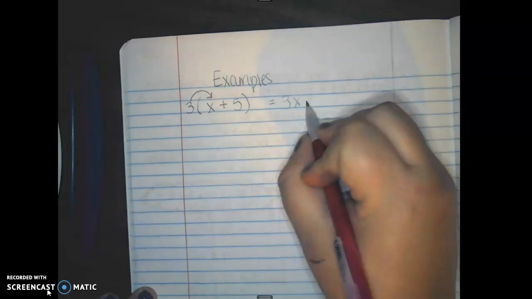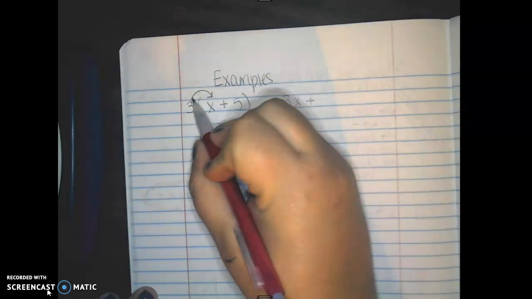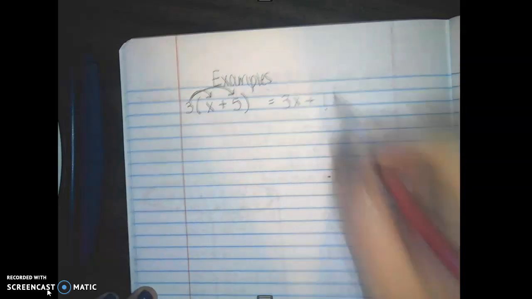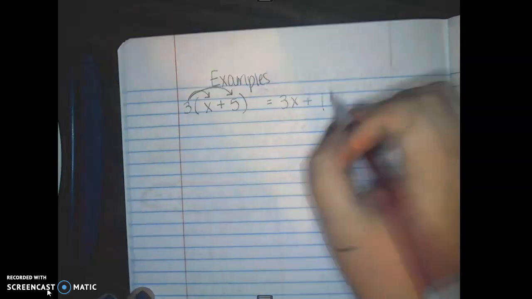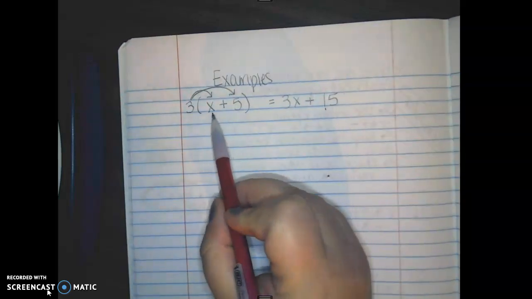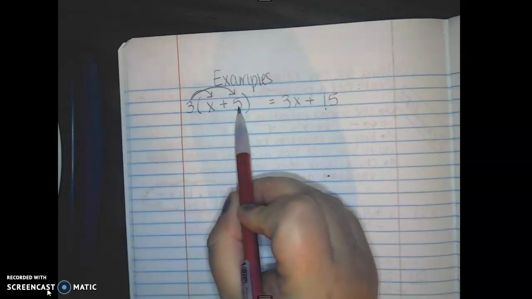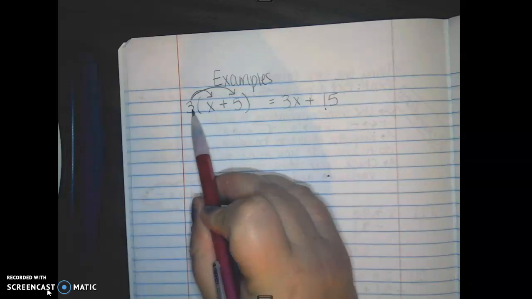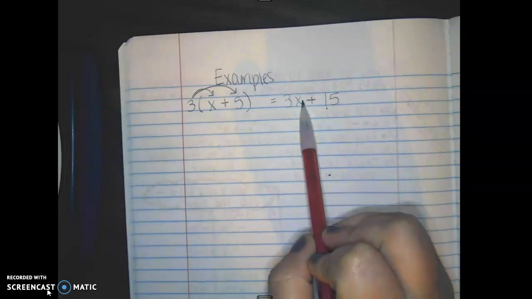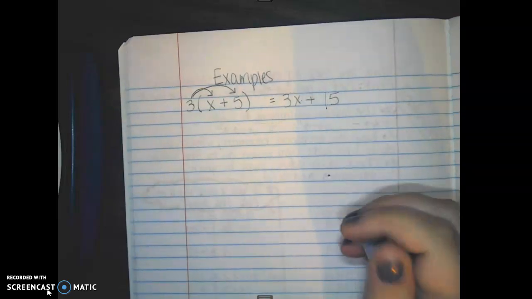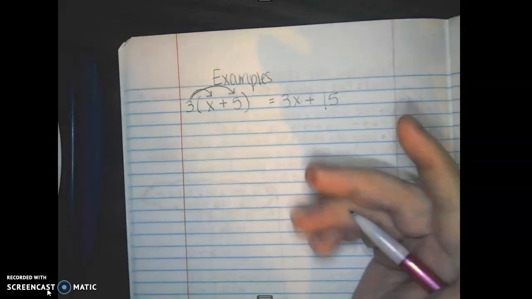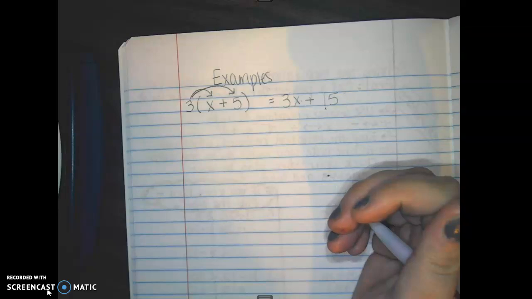Bring my plus, whatever sign I used there, 3 times 5. 3 times 5 is 15. Now we can see that this is true if I plug in a number. So let's plug in 1 here for my x. So 1 plus 5 is 6. 6 times 3 is 18. 3 times 1 is 3, plus 15 is also 18.